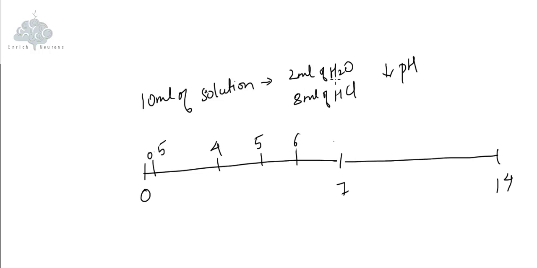Consider the 8 ml of HCl: if I add 1 liter of H2O to it, then it would be slightly acidic, but more towards neutral. So that's the difference between a strong and a weak acid.